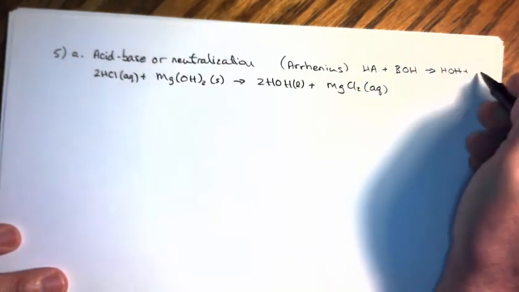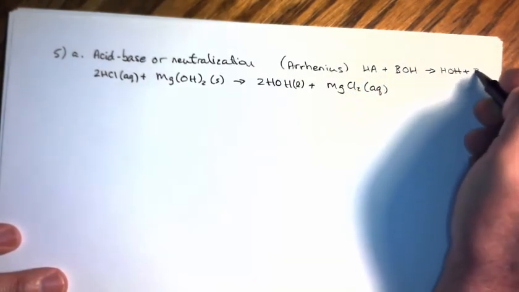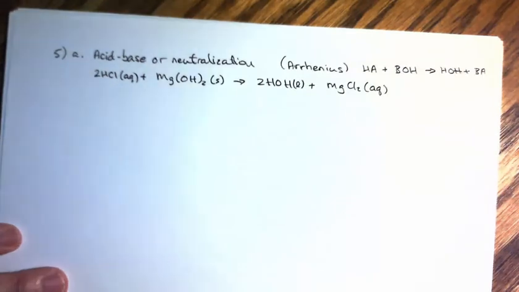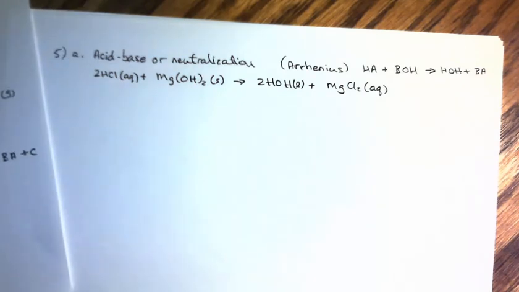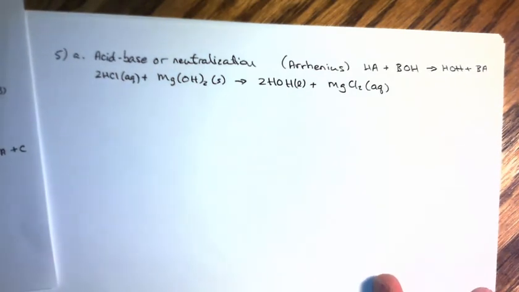Front part's got to go with the back part. So that's a general form for an acid-base neutralization reaction, which is also double replacement because you have to name it both ways. That makes sense to everybody?